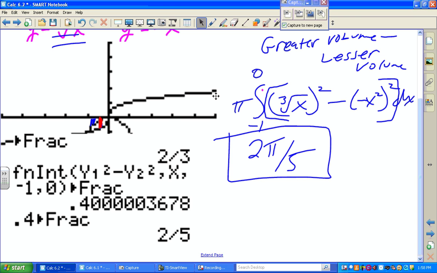Right now, the axis is the middle of our cylinders. Which radius is bigger, the red or the blue? It's just for the little area between those two. Okay?